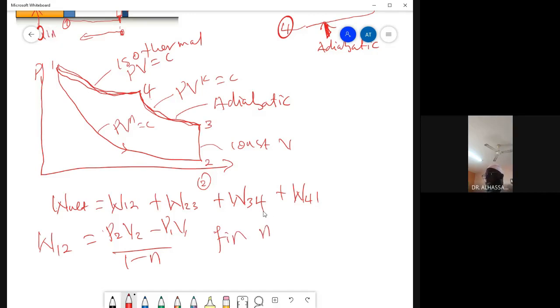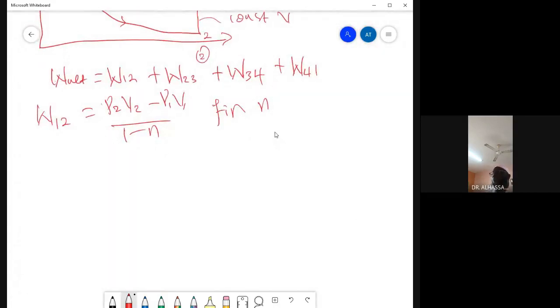So how do we determine N? We can use this equation. P1 V1 raised to the power N equals P2 V2 raised to the power N. So N will be equal to log of the pressure, that is 128 divided by 87, all divided by, and let me see over here.